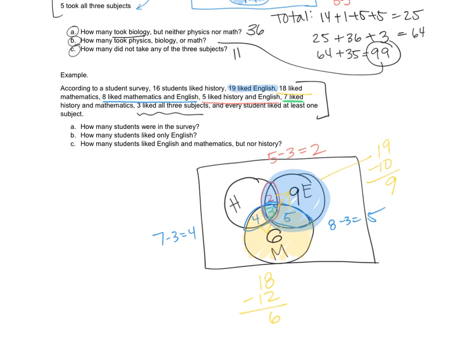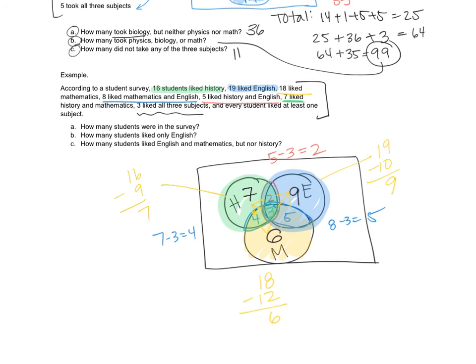And then the last one, we have 16 people like history. The history circle has to add up to 16. I already have 4 and 3, that's 7, plus 2 more, that's 9. So for history, 16 minus 9 leaves 7. So there's going to be 7 people out there. So that's what the Venn diagram should be looking like for you.